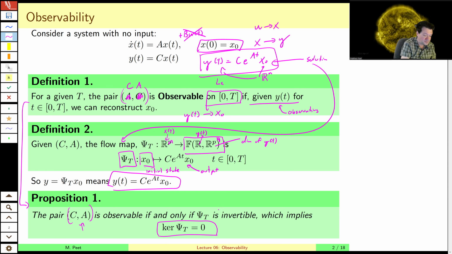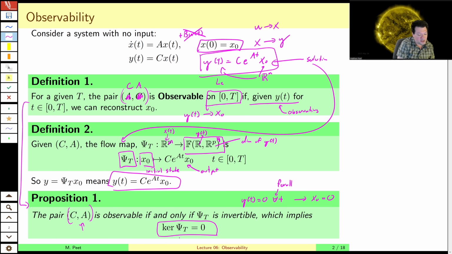So y of t equals 0 for all t, that's my little for-all symbol there. Right? So y of t is 0 for all time. That implies that the initial condition was also 0. So that's what this kernel definition means.